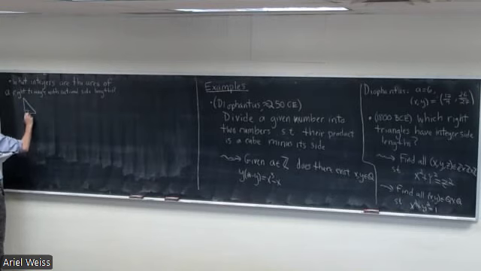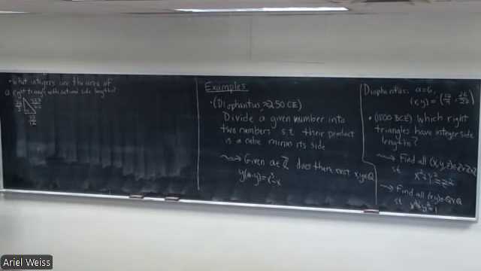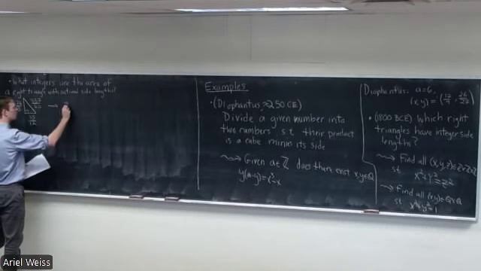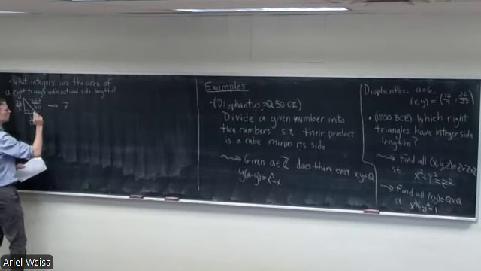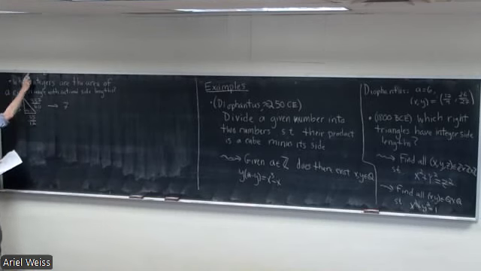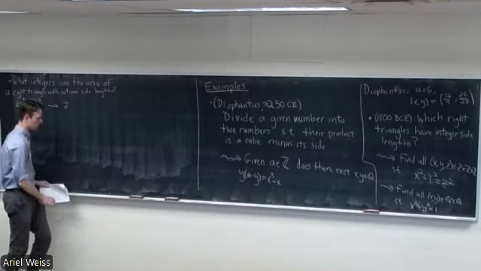Just as an example, if we look at the following triangle and find its area, you'll see that the area is 7, and therefore 7 is what we call a congruent number. Numbers with this property are congruent numbers.